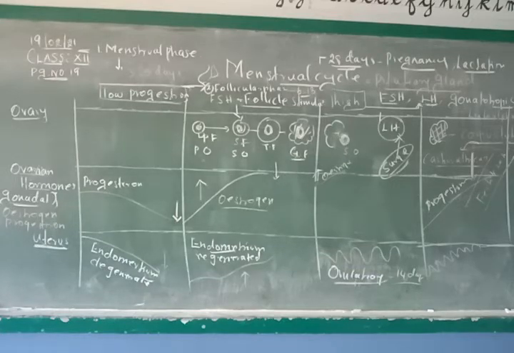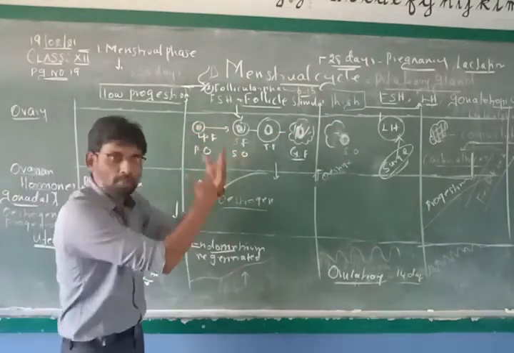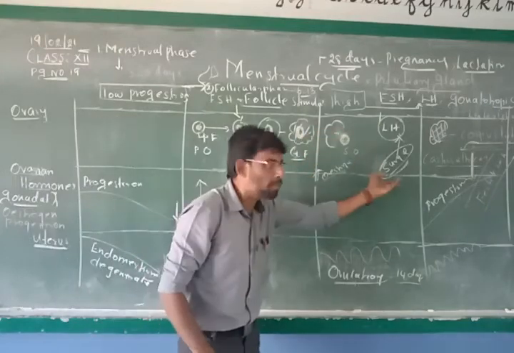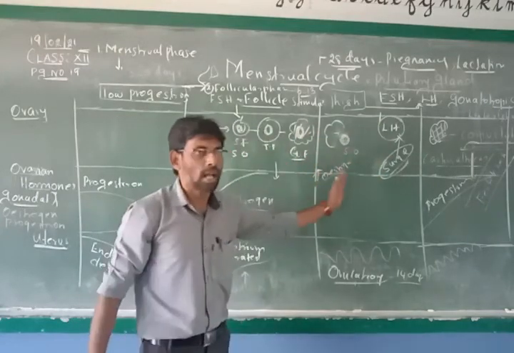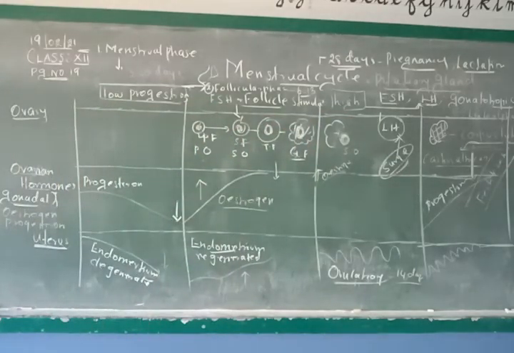At that time FSH and LH will be at peak. They attain peak level in the middle of the cycle, that is about the 14th day. So when FSH and LH are high, at peak on the 14th day, that phase is called the ovulatory phase.